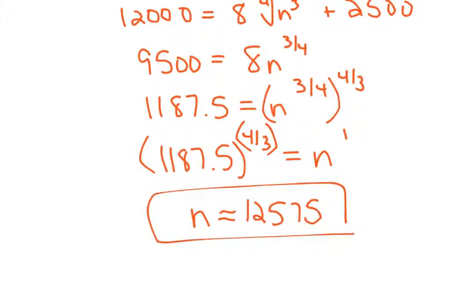Now, why did I round it and not leave it as a decimal? Well, think about this. Computer chips. Can you have like 10.5 computer chips? And don't tell me you cut one in half. No, it doesn't work that way. We usually talk about the number of objects in integer values.